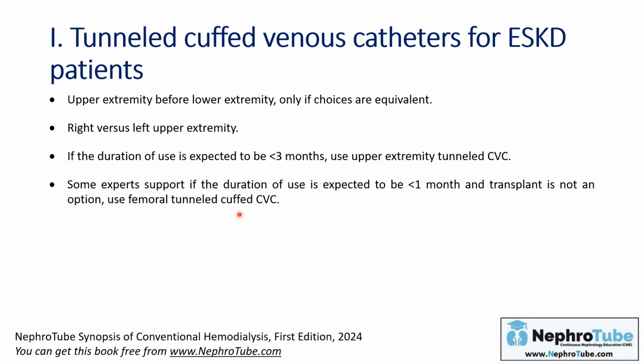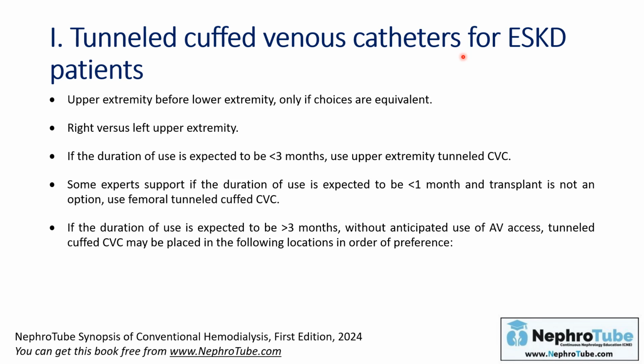Femoral catheters in general are contraindicated if there is any femoral or iliac vessel pathology, if there are hygienic reasons such as chronic unresolved diarrhea, morbid obesity with a body mass index more than 35 kg per meter square, and if there is any difficult femoral vein access.